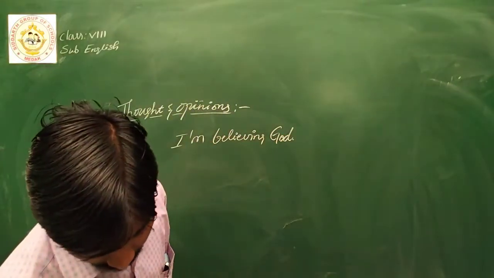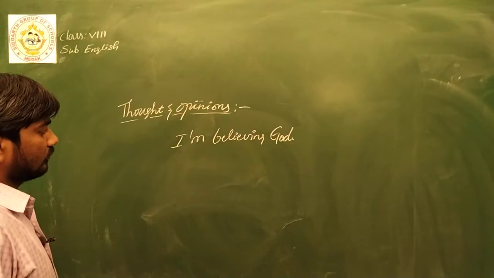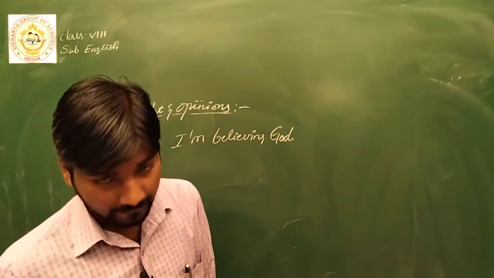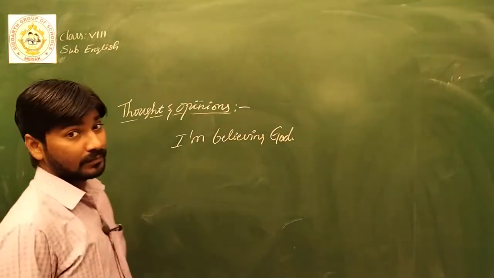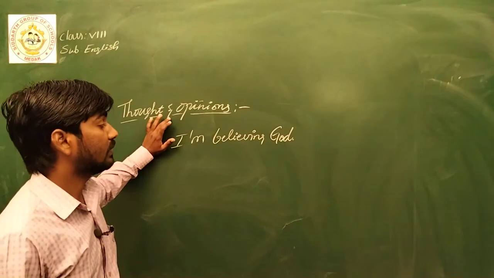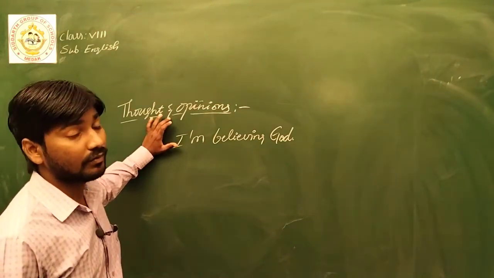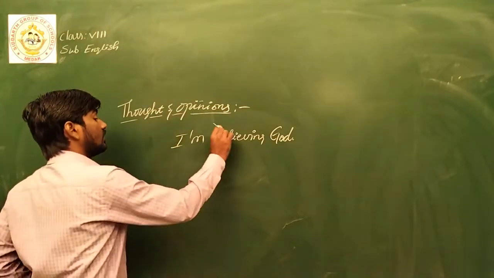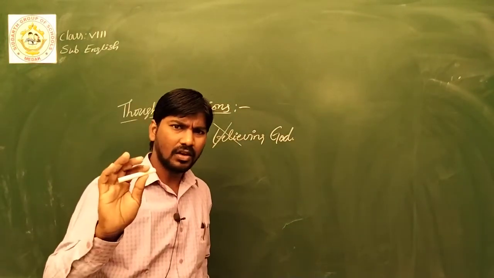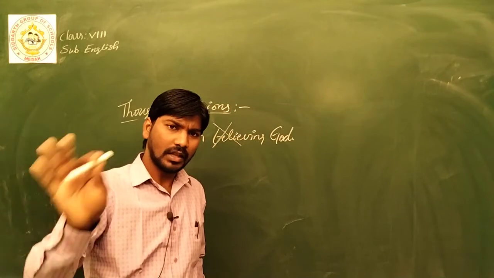So I am writing one opinion: I am believing God. It is my opinion. We should not say I am believing God. What we have to say? Belief is not temporary, it is permanent; there will be no change in it.